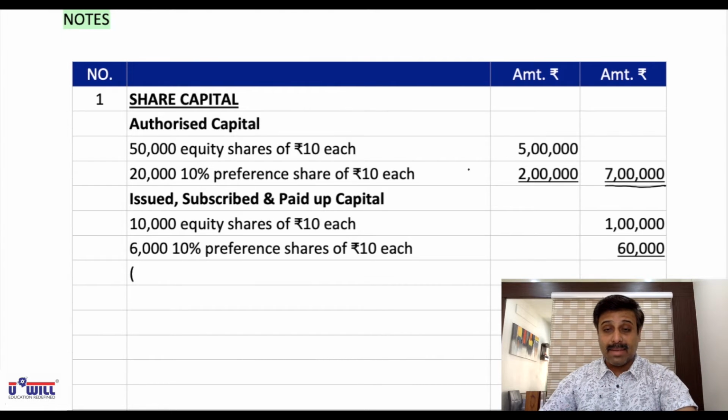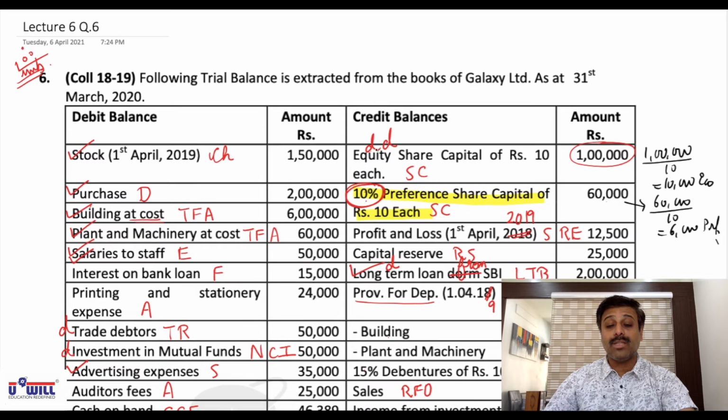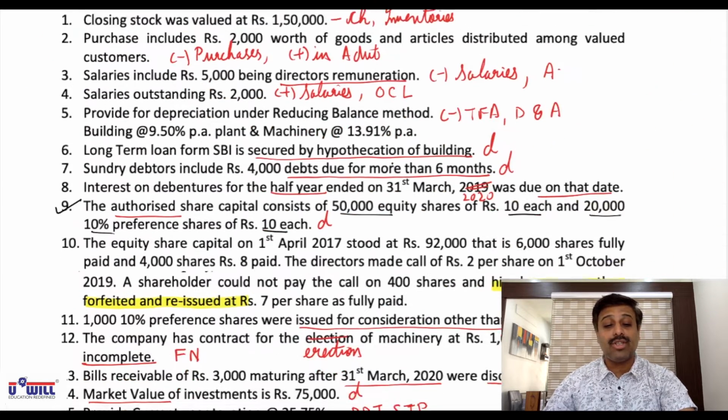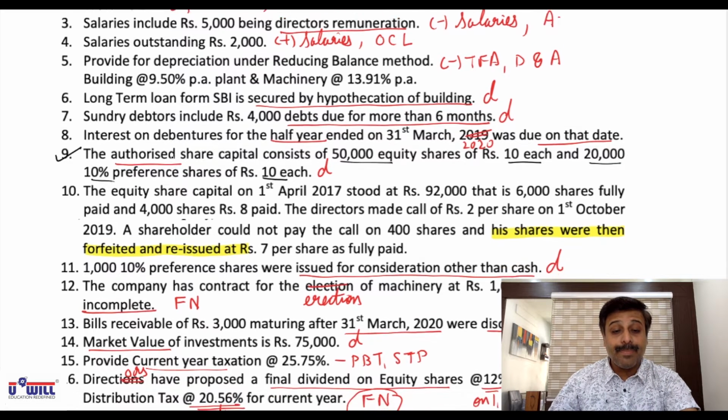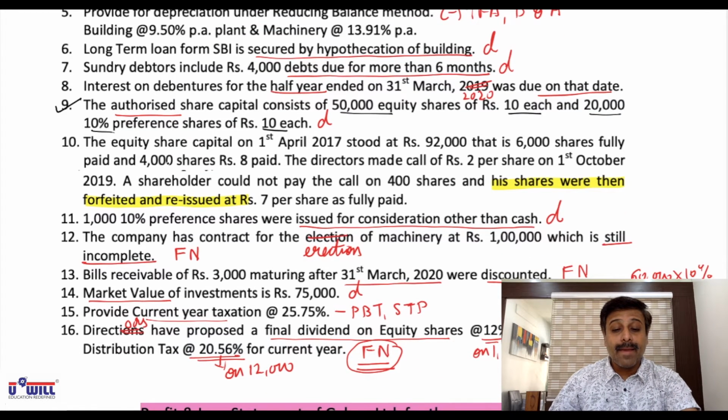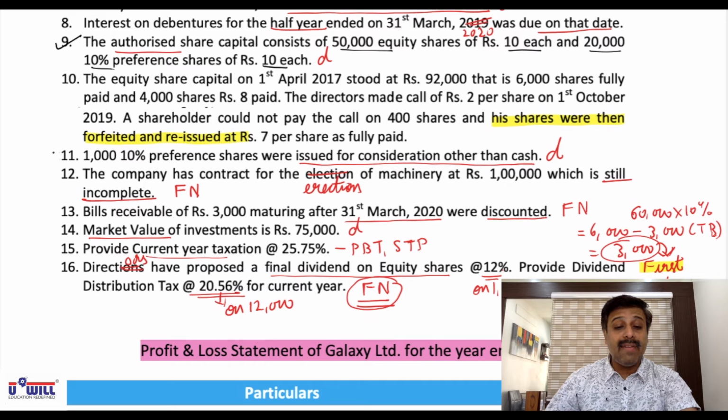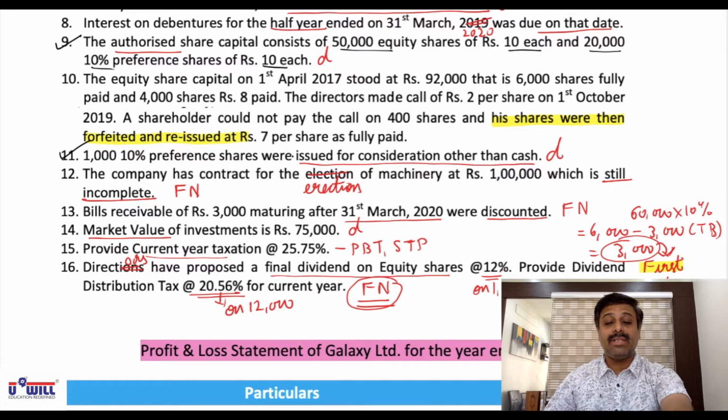There were 2 items marked as B. One disclosure is authorized share capital, which is taken. The other one is regarding shares issued for consideration other than cash. That is in adjustment number 11: 1,000 10% preference shares were issued for consideration other than cash.